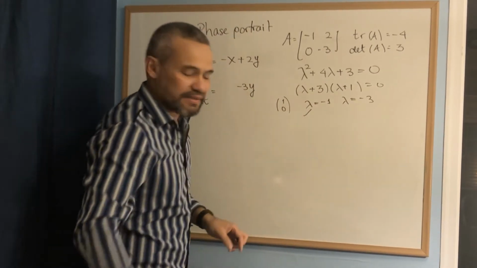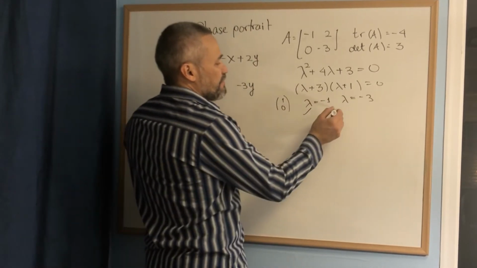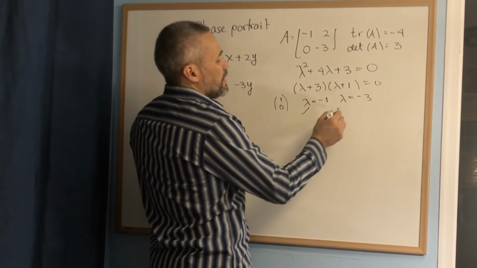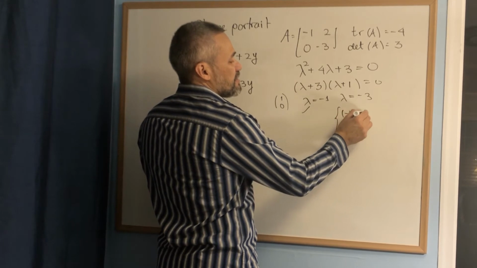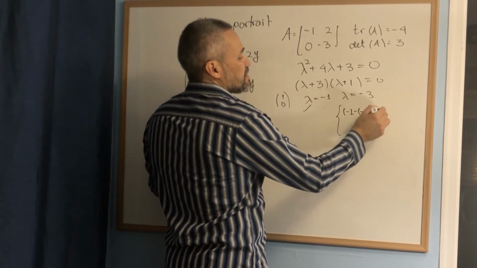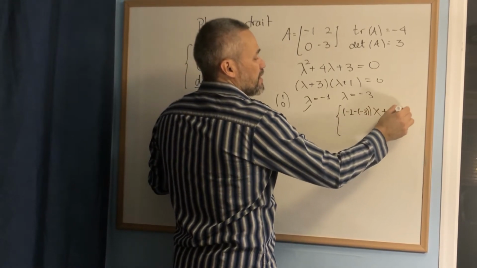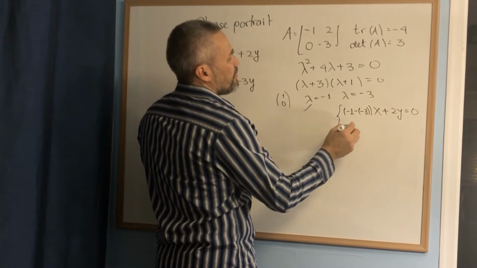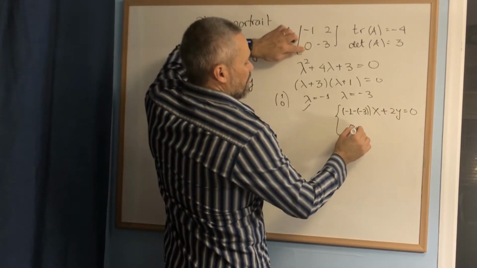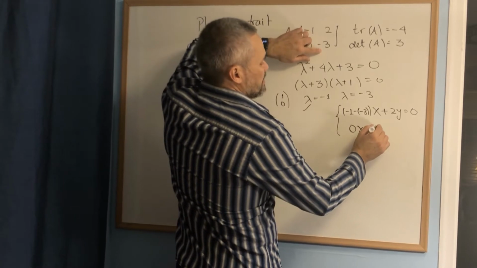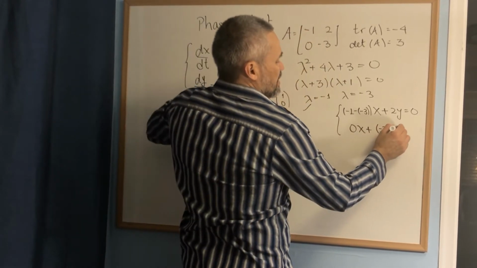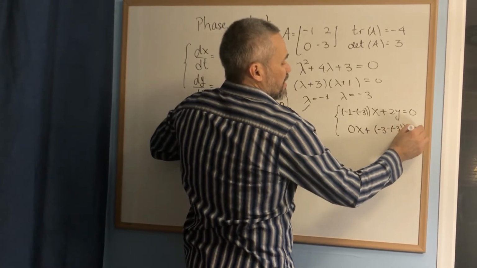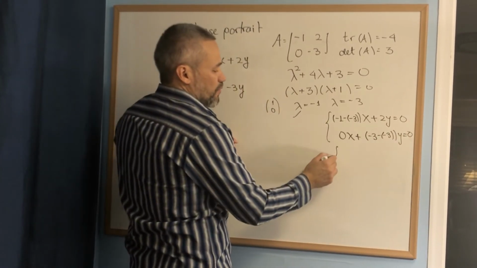For lambda equal -3, to find the eigenvector, we do (-1 - (-3)) times x plus 2y equals 0. The other equation is 0x plus (-3 - (-3)) times y equals 0. What are these two equations?